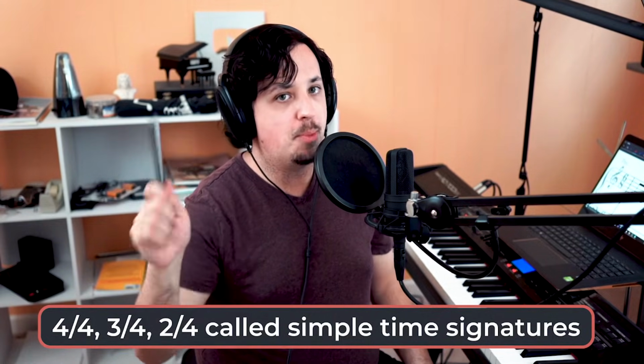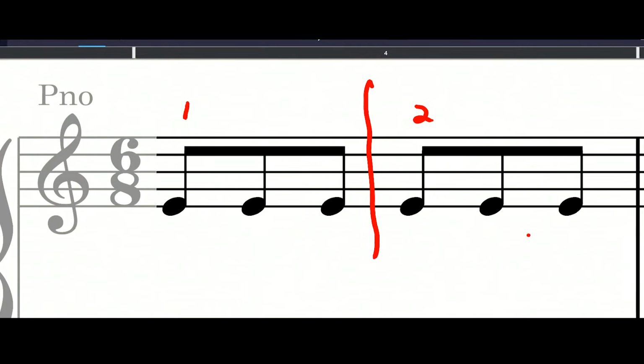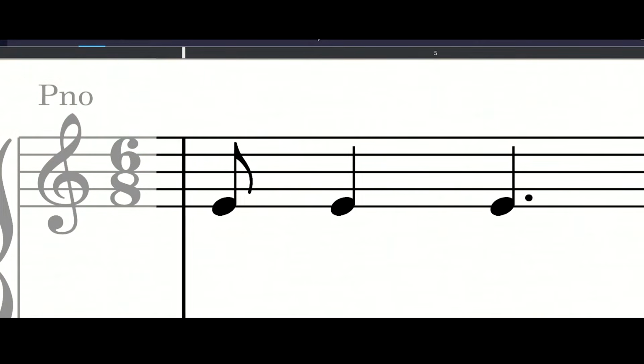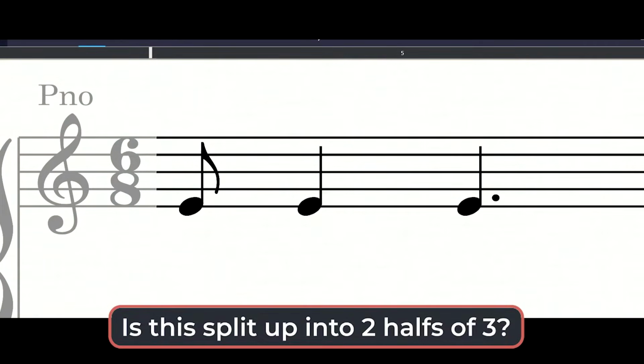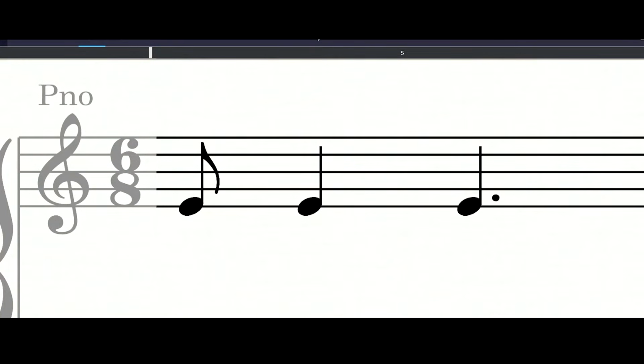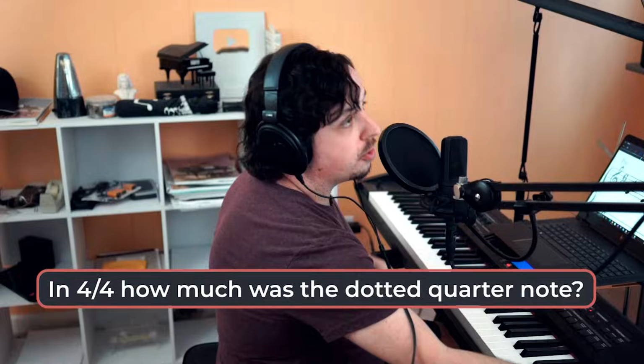This one, compound. So while the measures love to be split up into these 2 groupings of 3s, it doesn't always look that way. Sometimes it's a little more confusing. My question for you is, for this measure, is this split up into 2 halves of 3? Well, let's take a look at this dotted quarter note first. In 4/4, how much was the dotted quarter note worth?